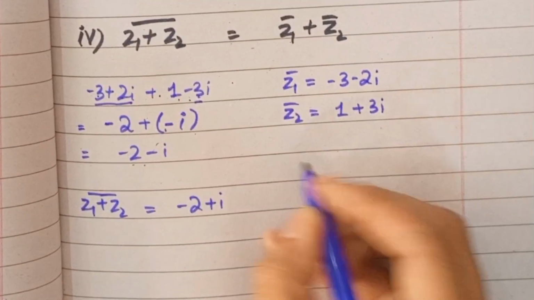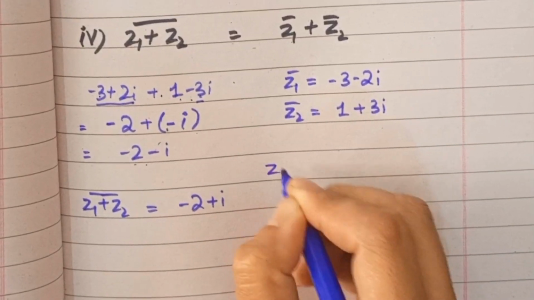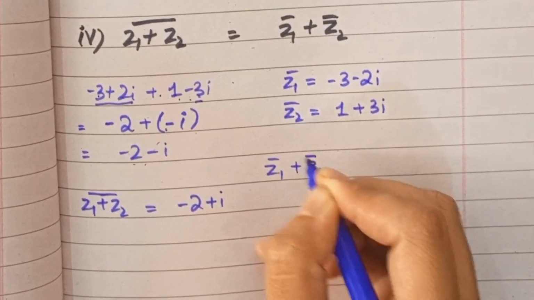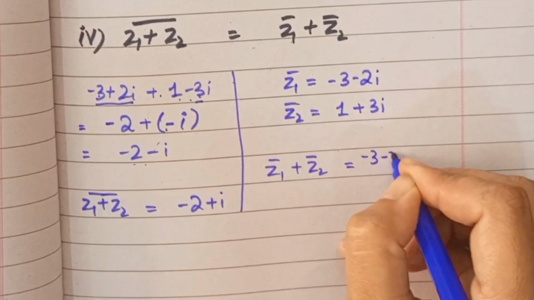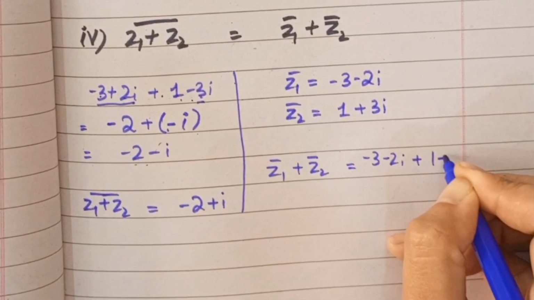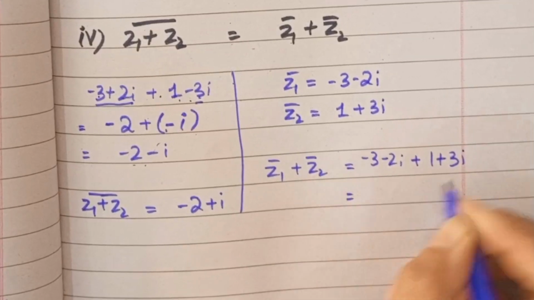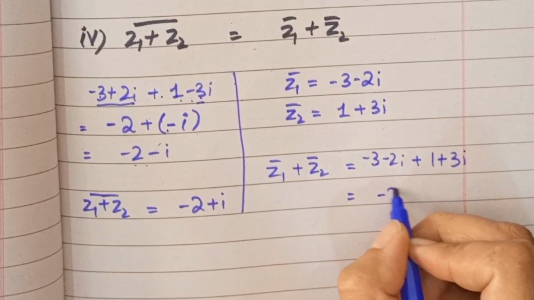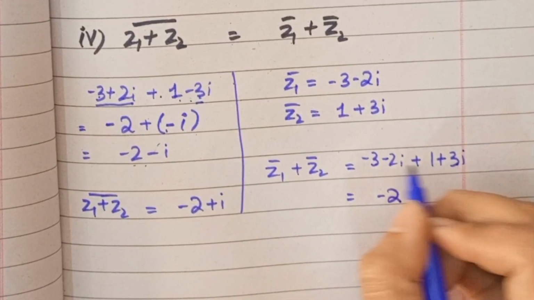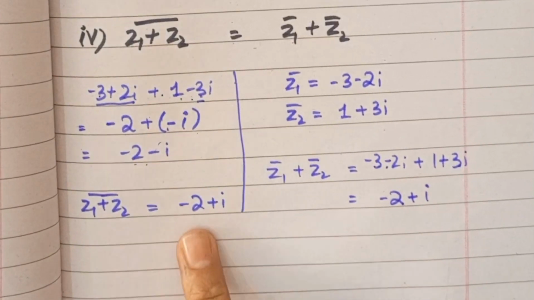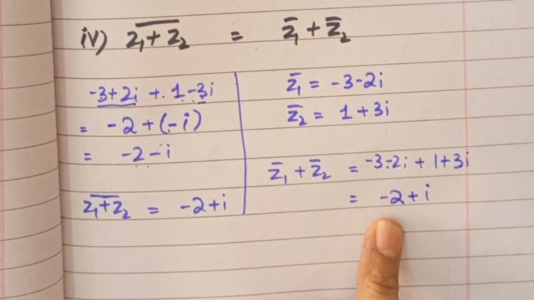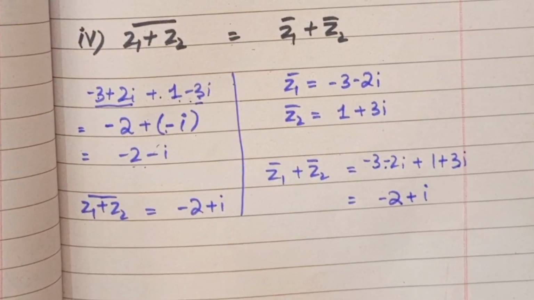Now add them up. Minus 3 minus 2 iota plus 1 plus 3 iota. Minus 3 plus 1 is minus 2. 3 iota minus 2 iota is iota. So as you see that left hand side and right hand side are equal, so it proves the identity.